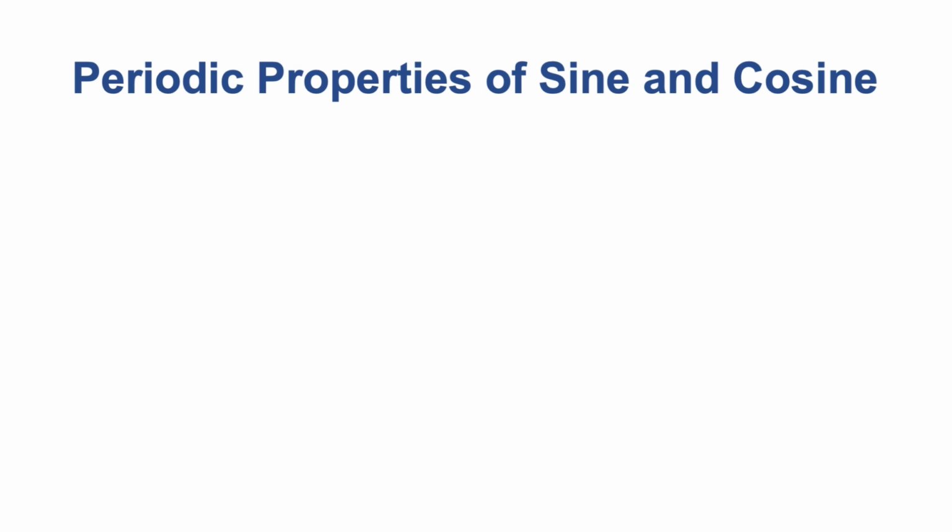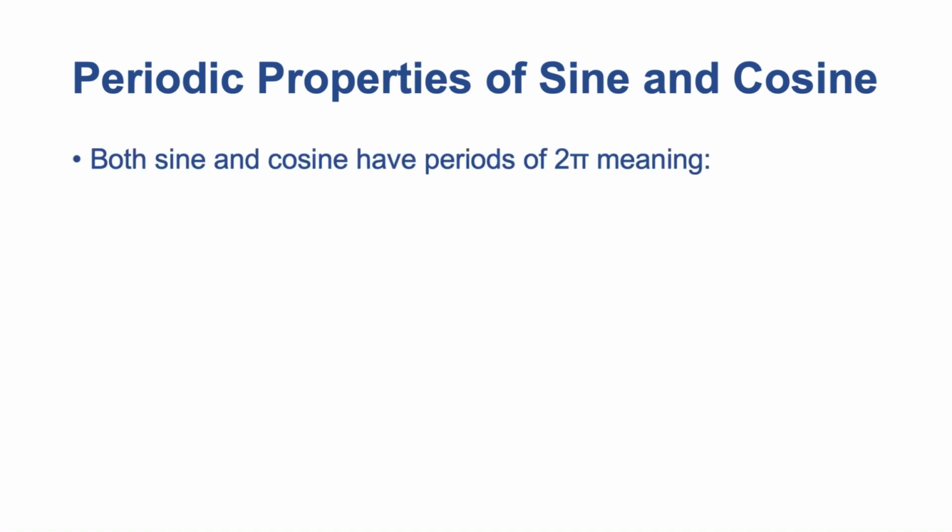So if you remember in the last slide, these graphs were waves, so they repeat themselves. They're periodic functions. And the period of these functions is 2 pi. So both sine and cosine have periods of 2 pi, meaning that we can write periodic properties. The sine of x plus 2 pi is equal to the sine of x, and that is the same for cosine.